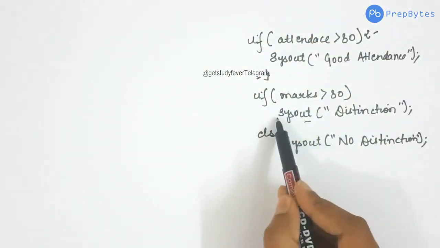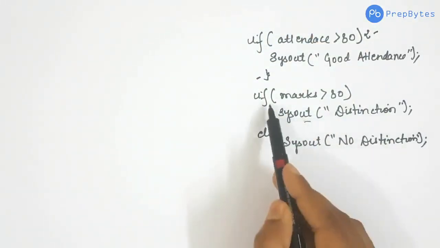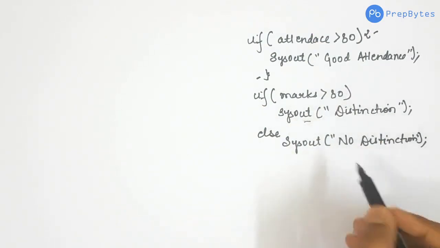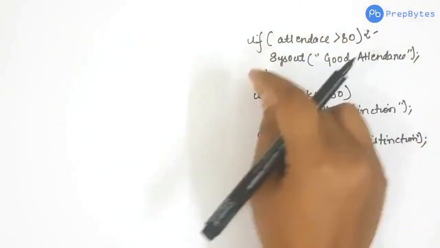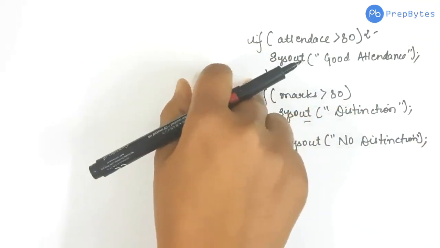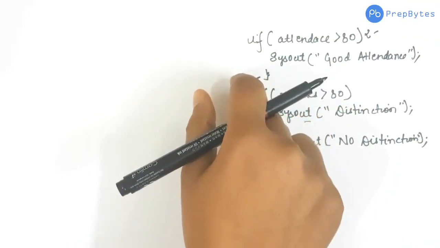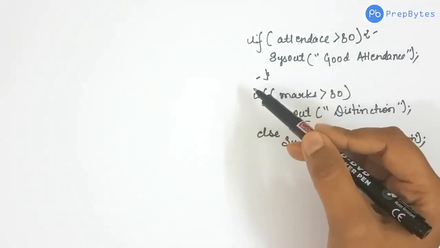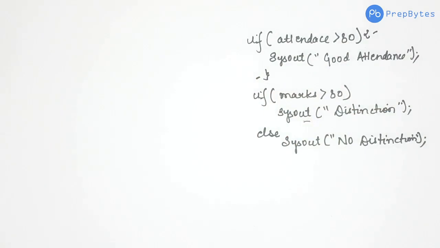So if you write if marks greater than 80 without curly braces, it is equivalent to this particular thing. But if you have more than one statement, you should use curly braces. Else, only the first statement will be considered inside the if block.